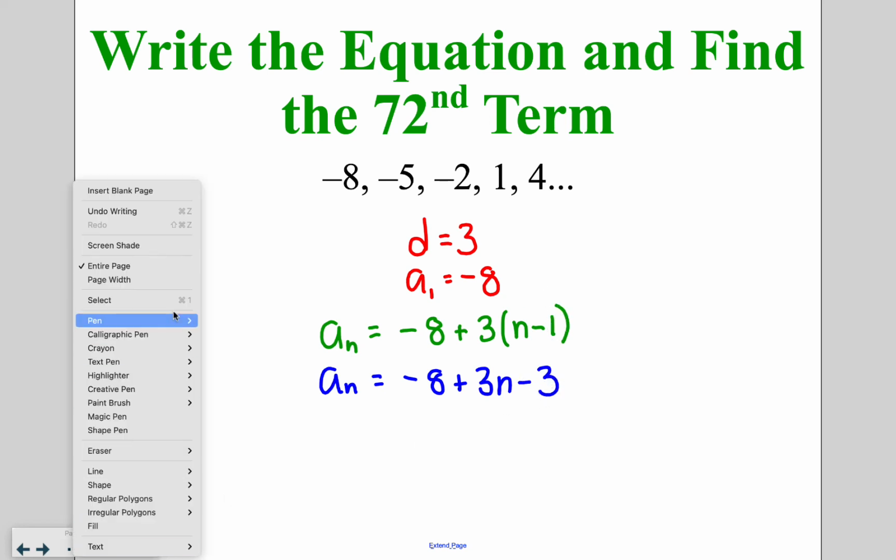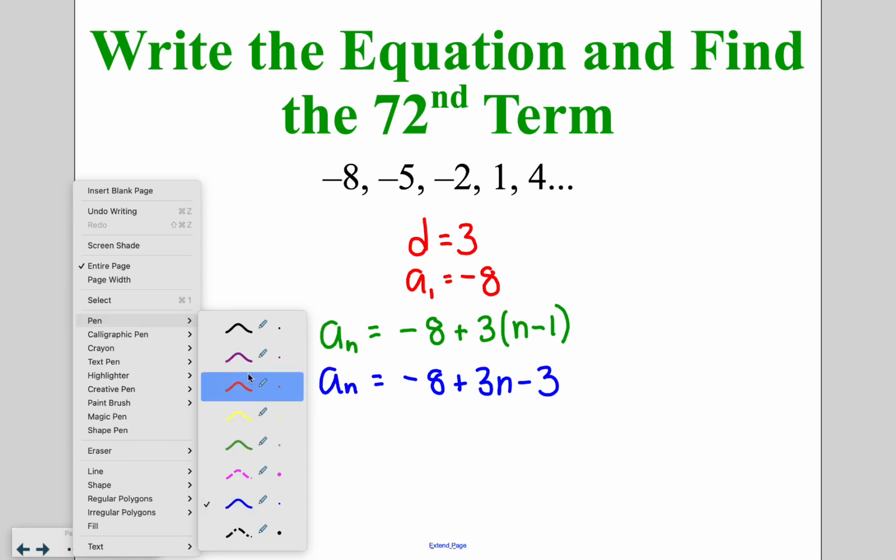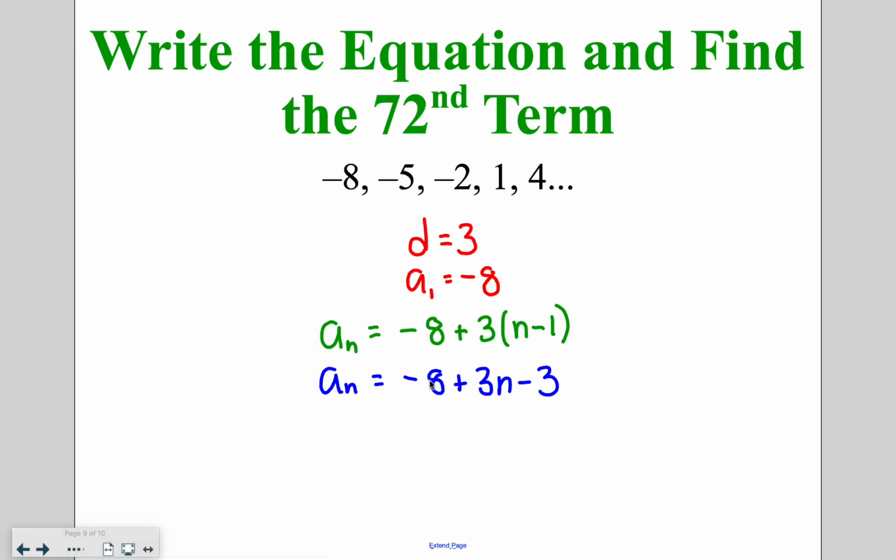So I've gotten rid of my parentheses, and now I need to combine my like terms. -8 can go with -3, so I end up with AN is equal to the 3 n's, and then -8 minus 3 gives me -11. So my equation that I'm going to use for this sequence is AN is equal to 3n minus 11. That's the writing the equation part.